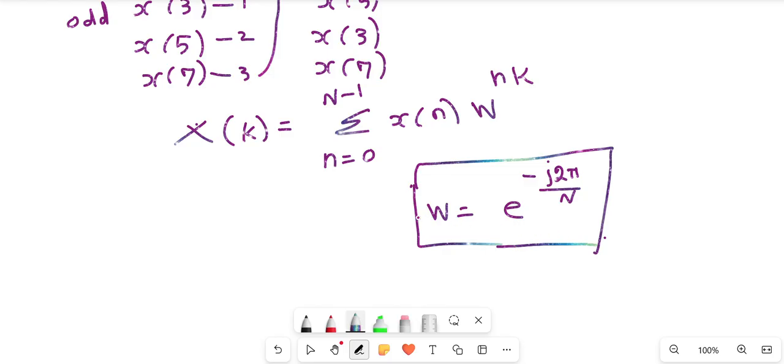The twiddle factor W plays a vital role.